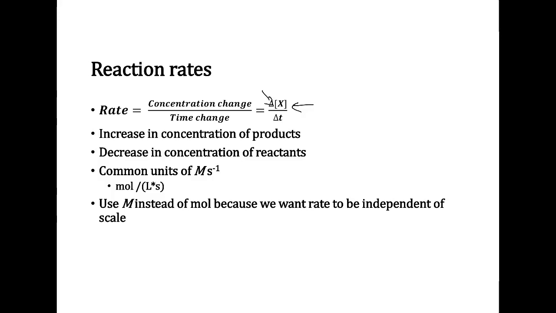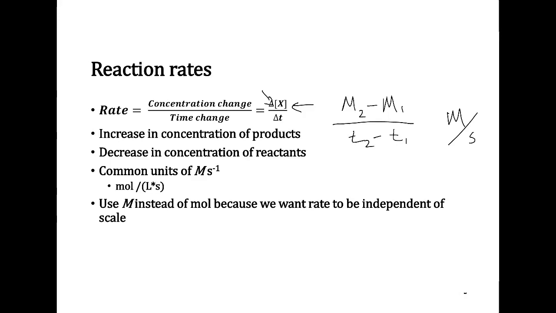And since we have a change in concentration, so we'd have a difference in the molarities over a difference in the times, we're going to end up with units of molarity per second. Sometimes you might see this in terms of molarity per minute or hour or millimolarity, something like that. It just depends on what the situation calls for as to what units you use.